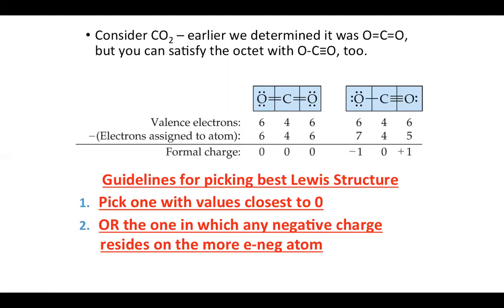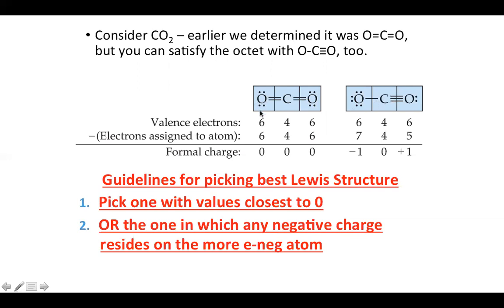So if we look back up here at that carbon dioxide example, earlier I said that we took a lone pair from those oxygens that we originally had on them and we made it double bonds on both sides. The reason that we couldn't have made a triple bond on one side is because we would get a formal charge.